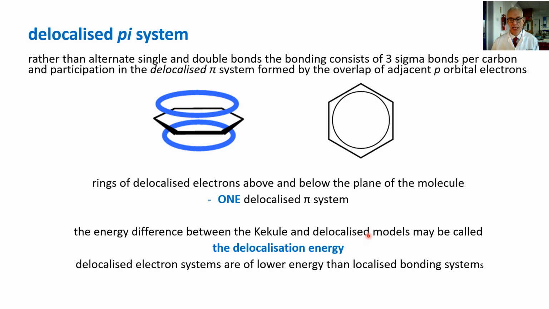So we explain the greater stability of benzene as it is found in experimental data to be due to the formation of a delocalized model of bonding, and that delocalized model of bonding is associated with a lower energy state, and the difference between the Kekule and the delocalized model for benzene may be called the delocalization energy.